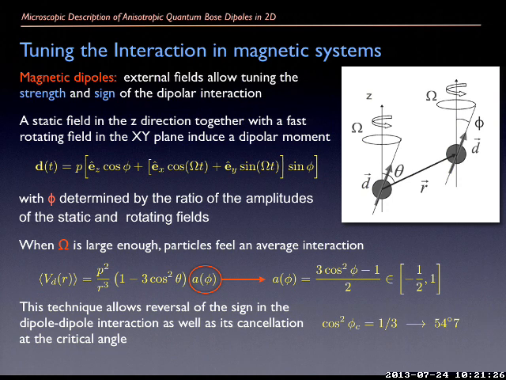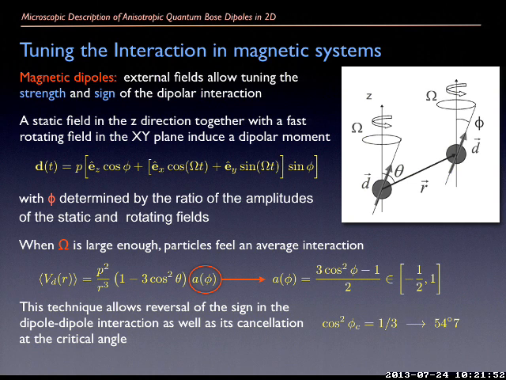For instance, in magnetic systems, as you said before, they can use a static magnetic field that more or less gives the polarization direction, and then a fast rotating magnetic field in the orthogonal direction, such that the dipolar moment can rotate. It does some sort of precession.